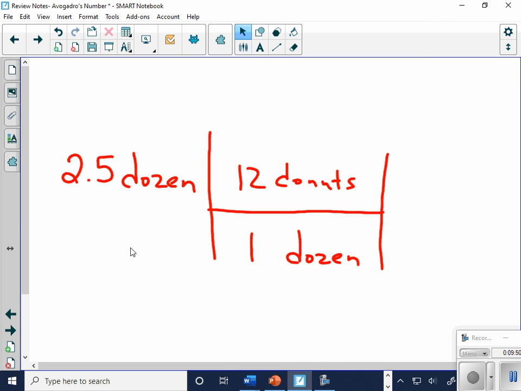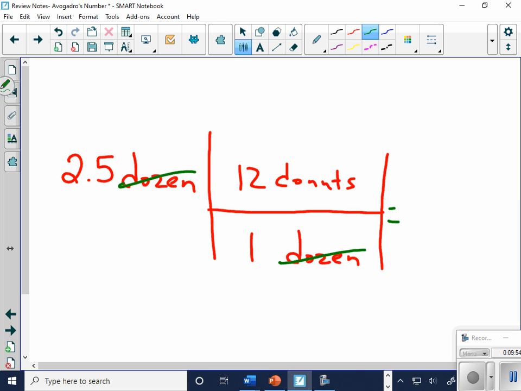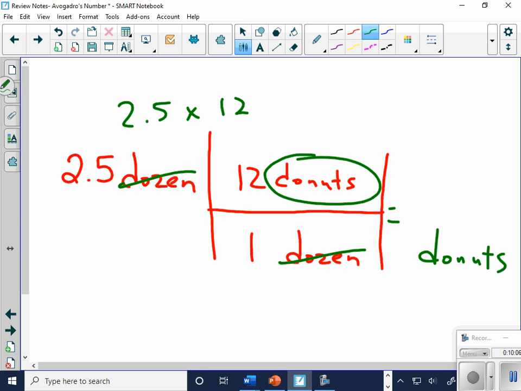So when I would do my math here, my dozen cancels, so my label is going to be donuts, because that's what I have left here up at the top. My label is donuts. So I'm going to take 2.5 and I'm going to multiply it by 12 because I multiply what's on the top.